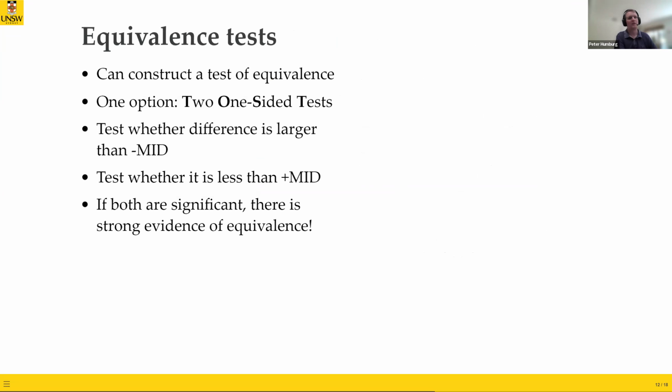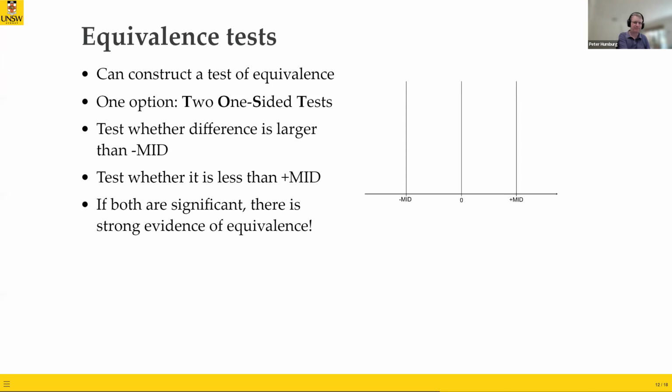And we can use that to perform an actual test, an equivalence test. There are different approaches to equivalence tests, but a quite simple one is the two one-sided tests approach, which basically has you starting out with your region of practical equivalence. And then you do two tests.